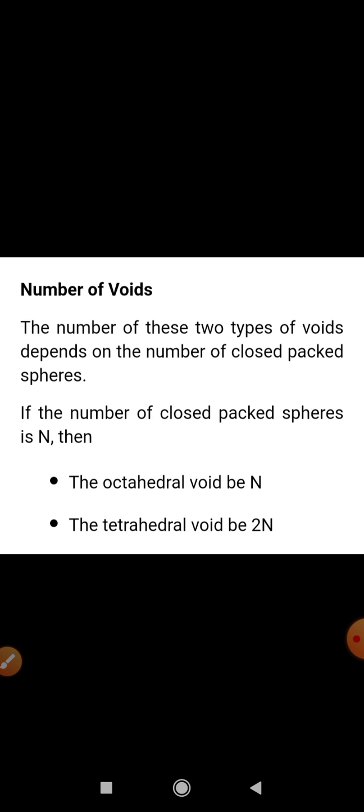The number of these voids depends upon the number of closely packed spheres. If n is the number of close packed spheres, then the octahedral voids will be n, and the tetrahedral voids will be 2n, because octahedral voids are formed by combination of tetrahedral voids.